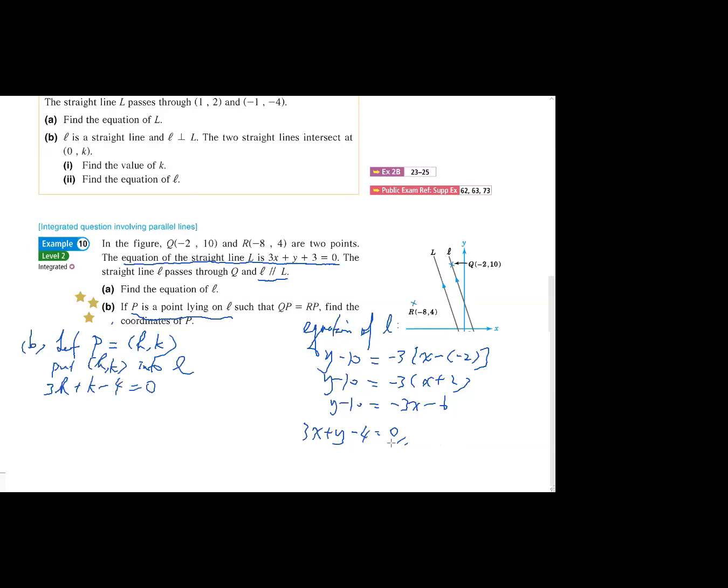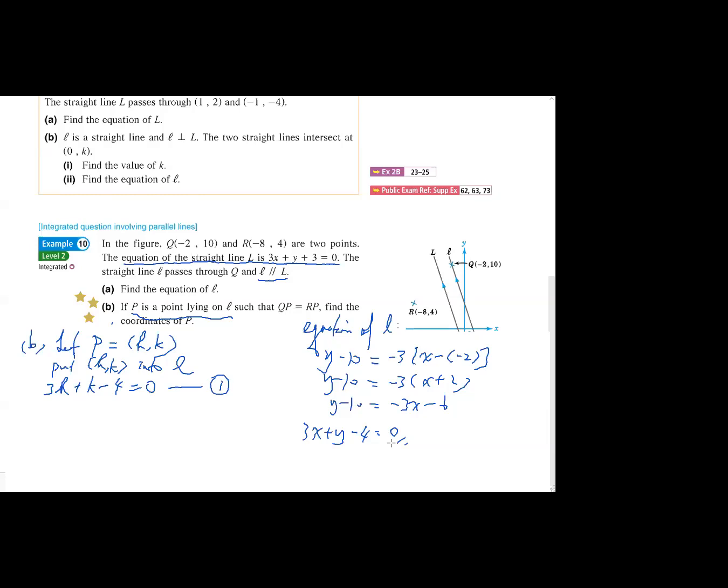Okay, now we can do nothing more because we have two unknowns in one equation. So we can just label this to be equation 1. And then we need equation 2 for us to set up simultaneous equations. What is the condition that will lead us to set up equation 2?